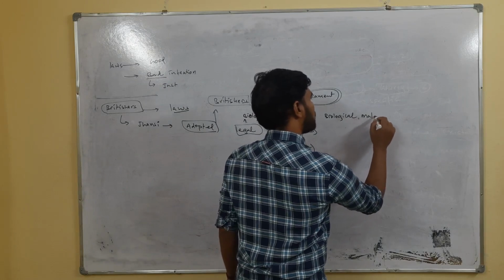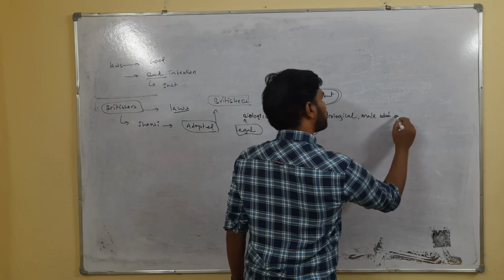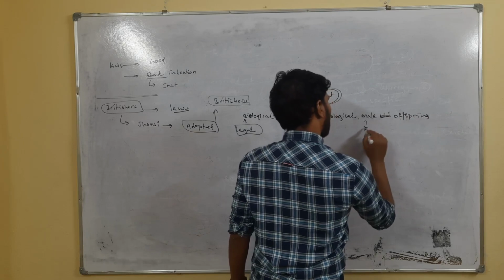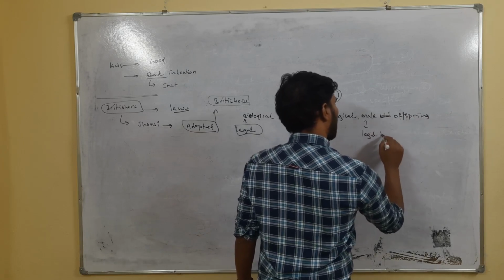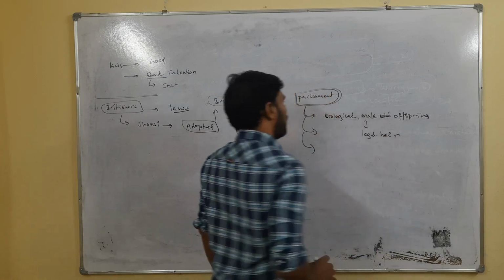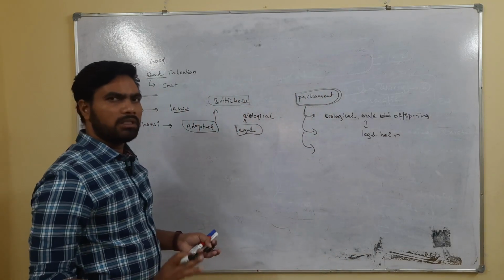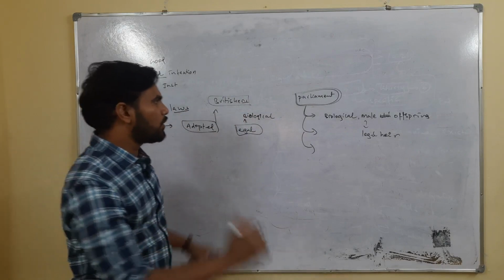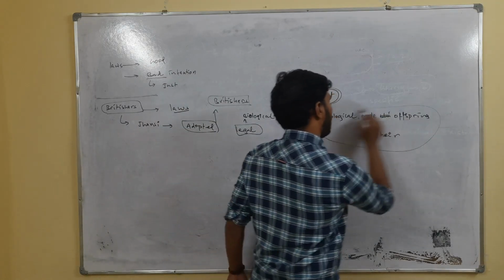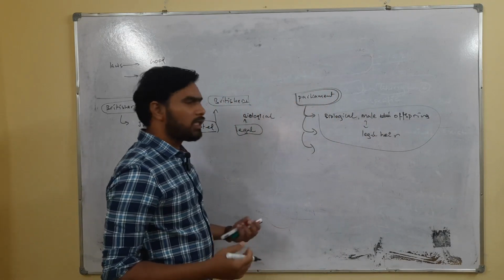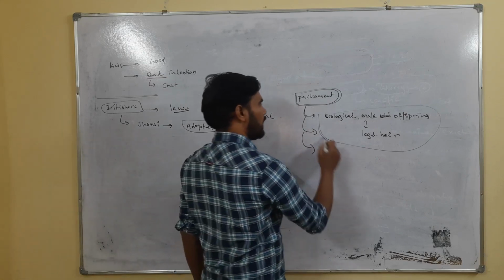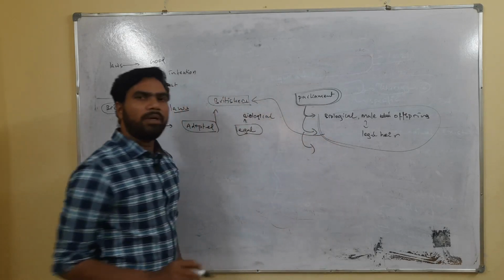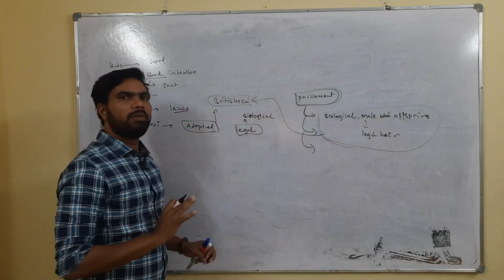biological male child or male offspring will be considered as a legal heir, and adopted children will not be considered as legal heir. If a king or queen dies without this legal heir, biological male offspring, then after their death, because no legal heir is there for that kingdom, that will be coming under the British rule, that will become part of British India.